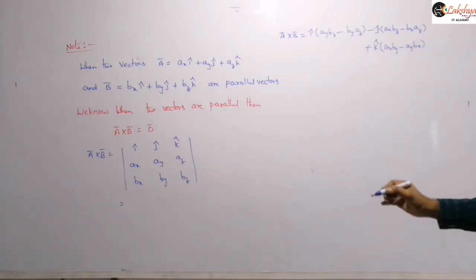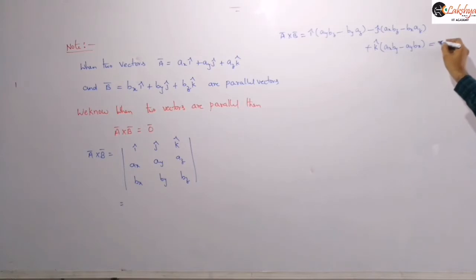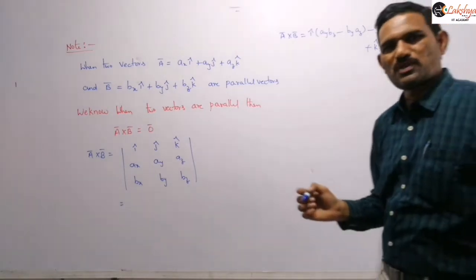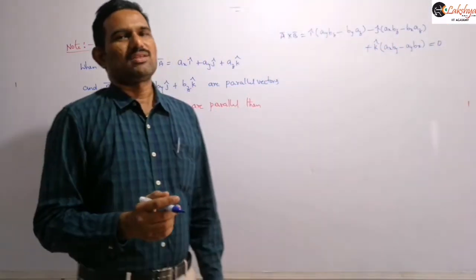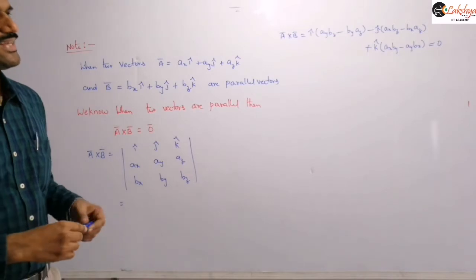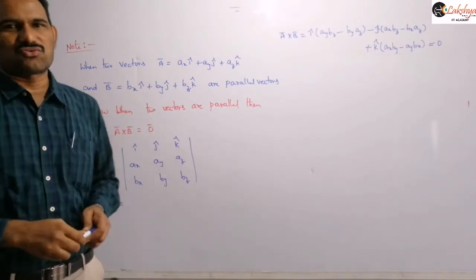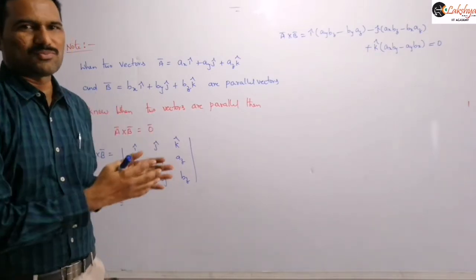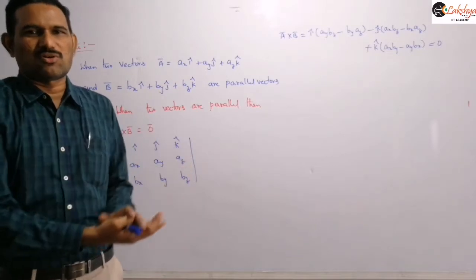Now this value should be equal to 0. That means this total vector should be a null vector, right? When this vector is a null vector, each and every component of that vector should be equal to 0. That means the x component should be 0, the y component should be 0, the z component should be 0.